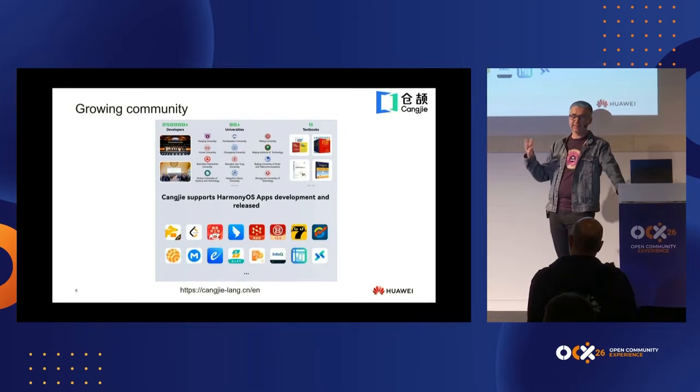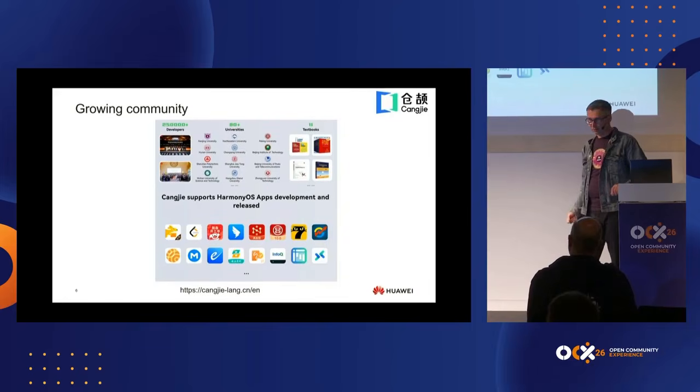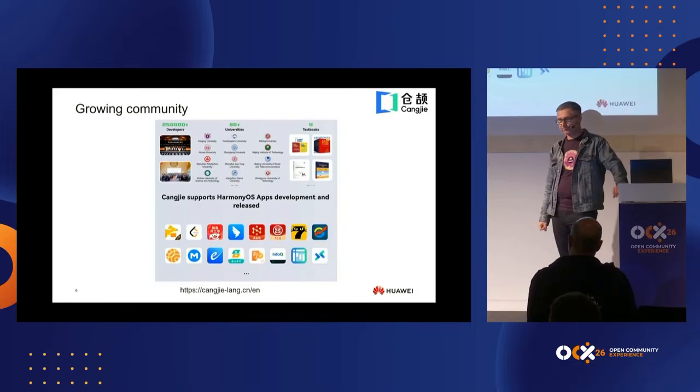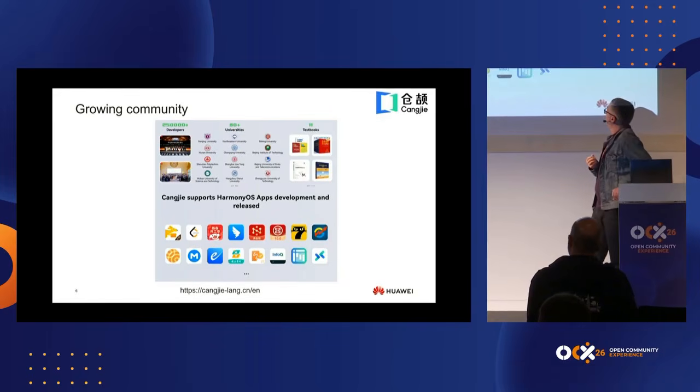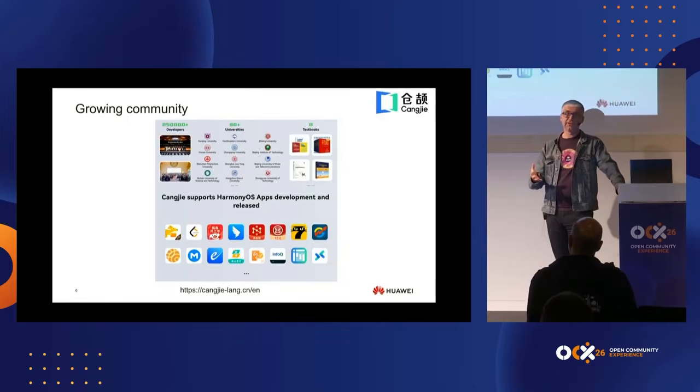Meituan is a big company in China that does deliveries, and their app is now mostly on HarmonyOS Next and mostly written in Cangjie. In China there is also a very vibrant ecosystem that involves universities, teaching, and the open source community. There are a lot of open source projects for Cangjie.